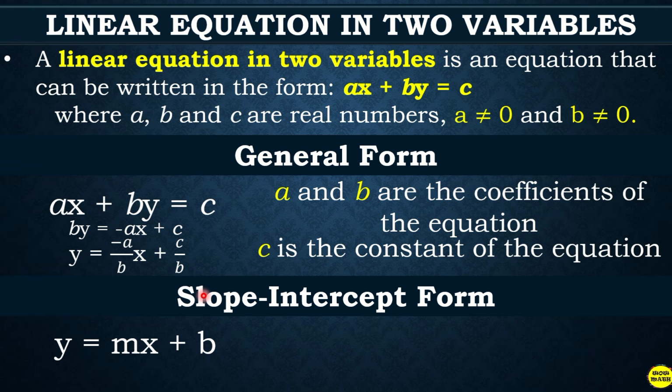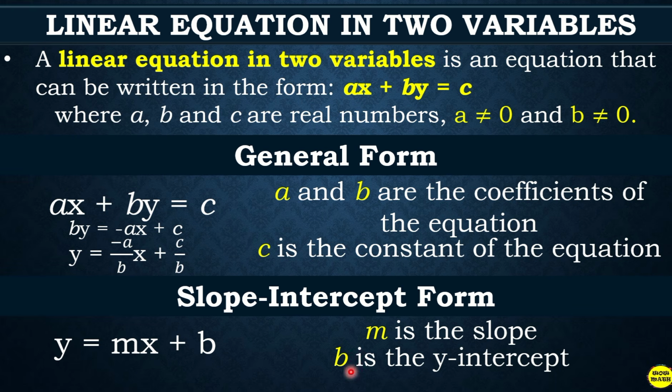Alright? Now, remember that a linear equation in two variables can also be written in y equals mx plus b. Now, what is m? Your m here is what we call the slope, and your b here is what we call the y-intercept.